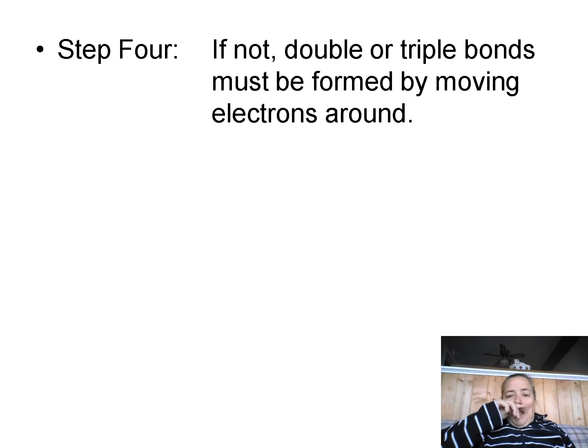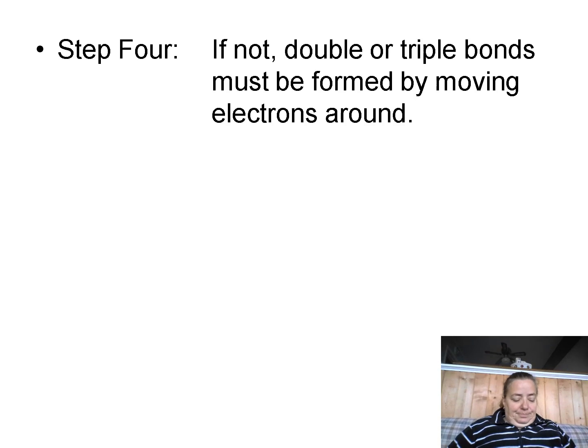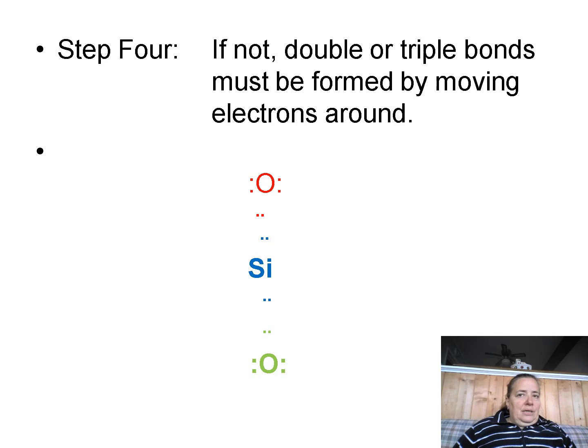Okay, so in this example, if I just connected oxygen onto silicon, what I would find is that oxygen would then have 7 and silicon, if I did it on each side, would end up having 6.